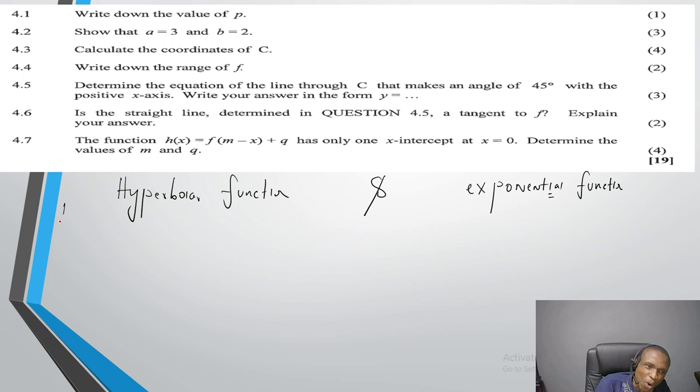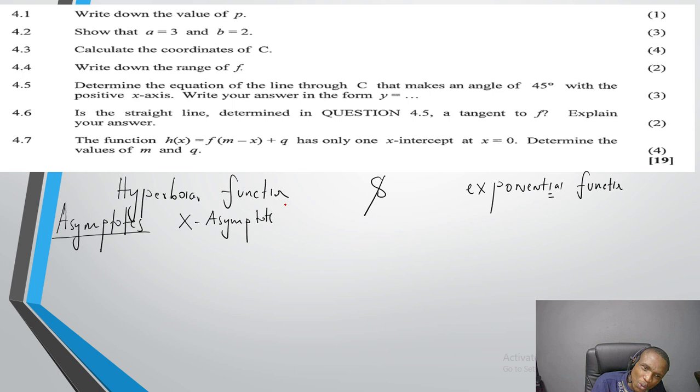They both have what we call the asymptote. That's the first thing that I want us to highlight. The hyperbola function has got the asymptote. The hyperbola function has got the two asymptotes. It has got the x asymptote. I'm just reminding you key stuff here.